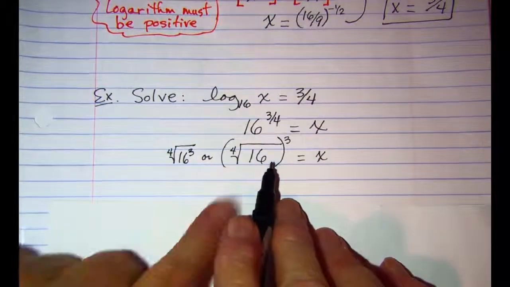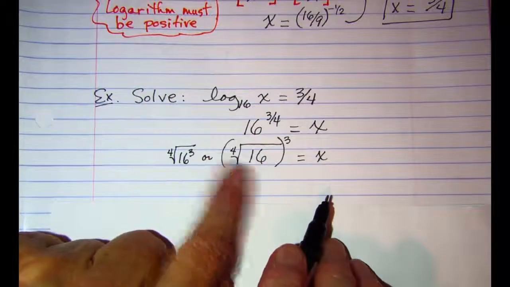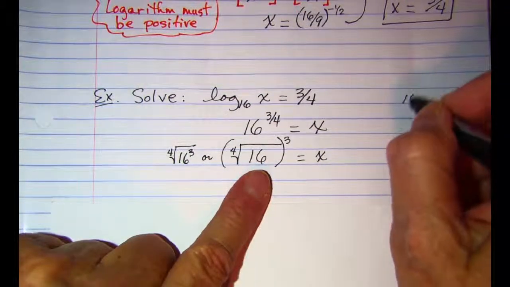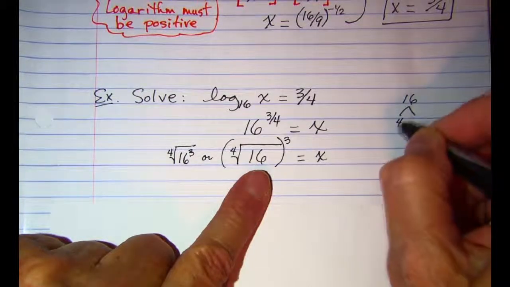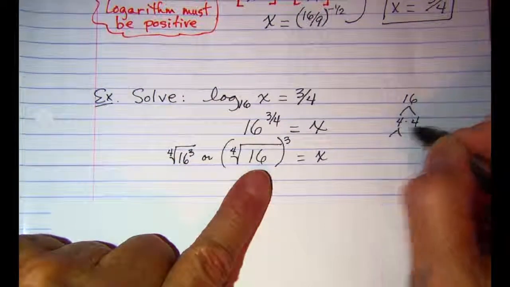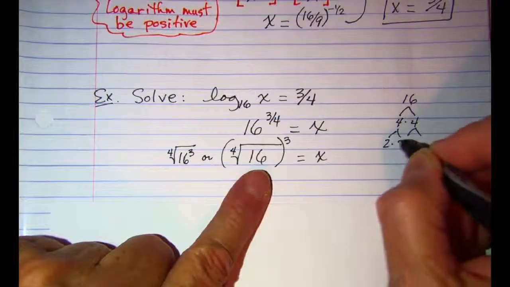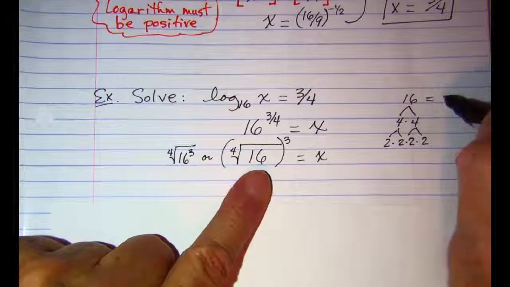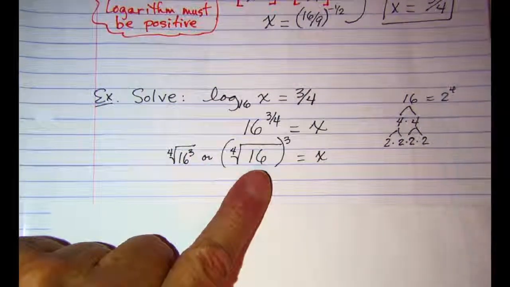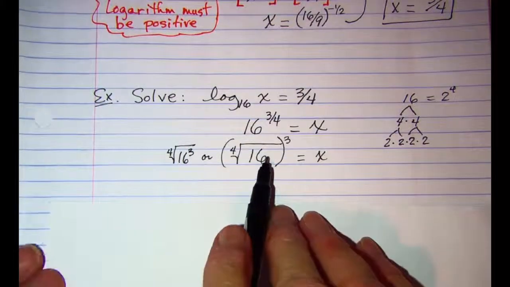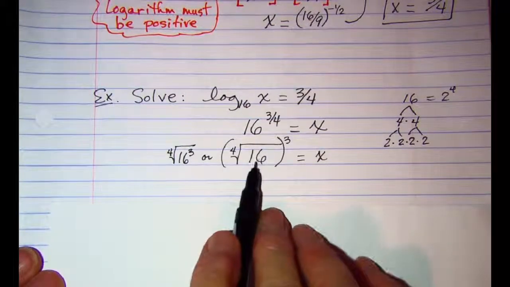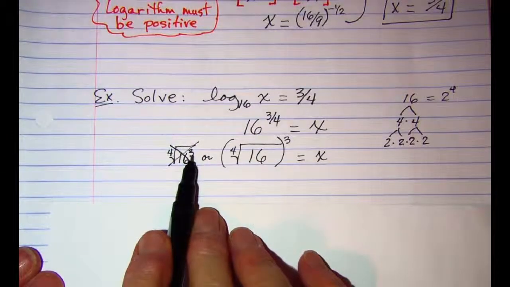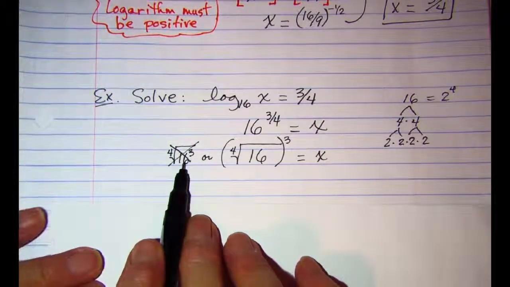But I want to check and see if the fourth root of 16 is something that I can do. 16 is the same as 4 times 4, and then 4 is 2 times 2. So we can see that 16 is 2 to the fourth power. So I'm going to do this fourth root of 16 without raising this to the third power. That would be a really big number.